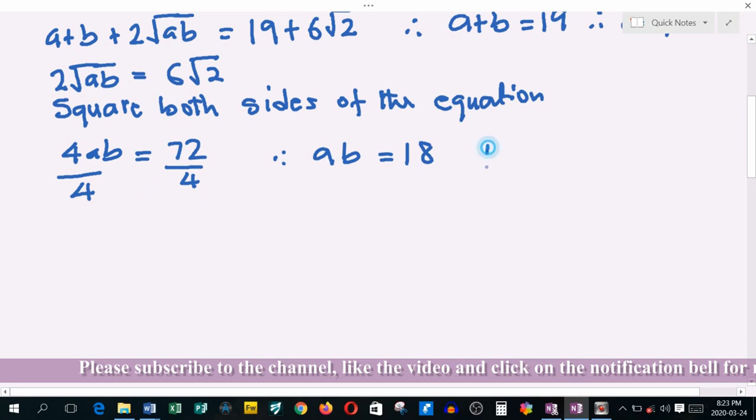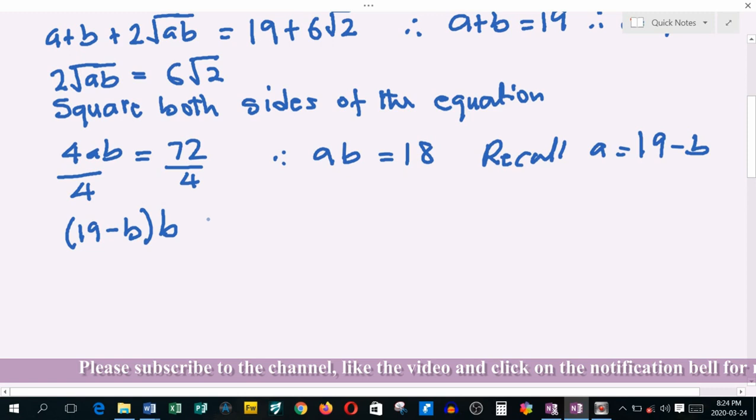Now, recall that our a is equal to 19 minus b. So our ab will now come to 19 minus b, which is a, into b is equal to 18.